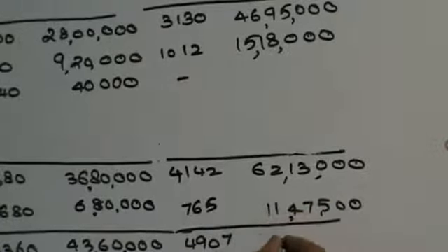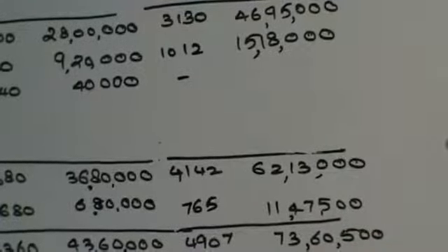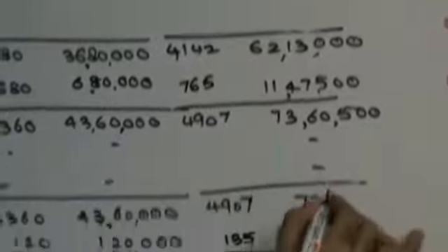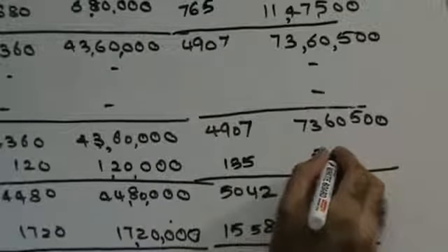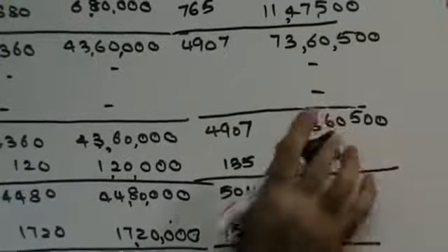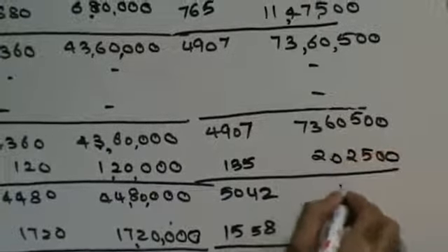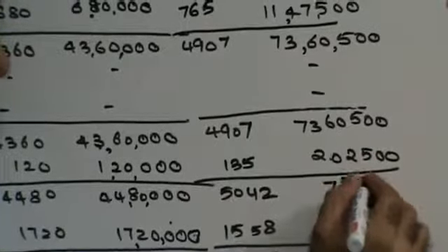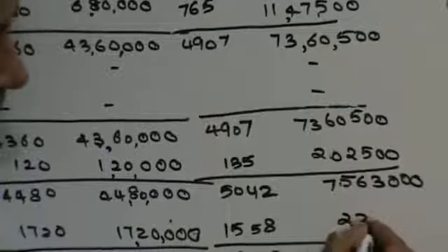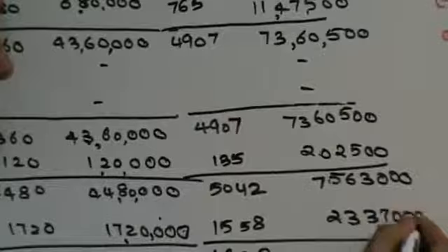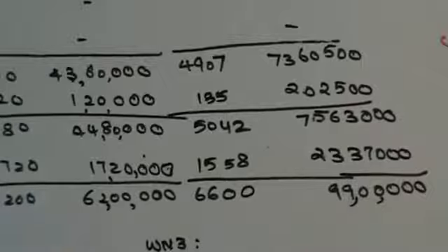Next, 73 lakh 60,500. 2 lakh 2,500. 75 lakhs 63,000. How much is this? 23 lakh 37,000. 99 lakh. Right? That finishes that sum.